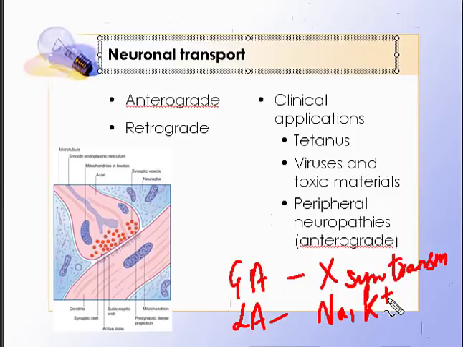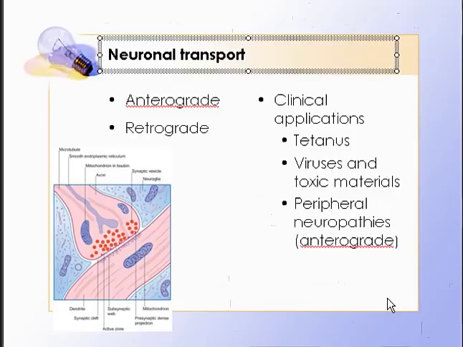The sensitivity of nerve fibers to local anesthetics is proportional to size. Smaller fibers are more sensitive, and pain fibers are usually much smaller than any other fiber, which is why when you apply local anesthetic to any area, the pain fibers are the first to go, and that's why you don't feel pain at that point, or that area becomes numb.